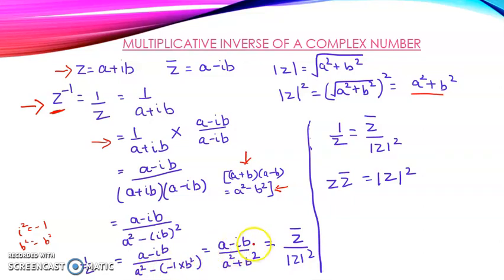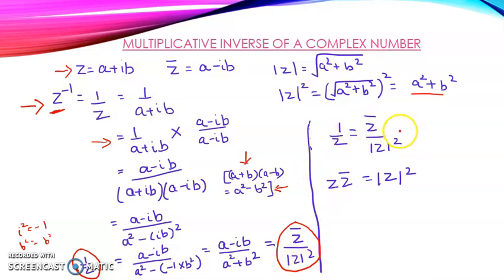A minus ib upon a square plus b square, which is equal to, now this is the conjugate of a complex number divided by the square of the modulus. So we can say that the multiplicative inverse of a complex number, this 1 upon z, is equal to the conjugate of the complex number divided by the square of the modulus.